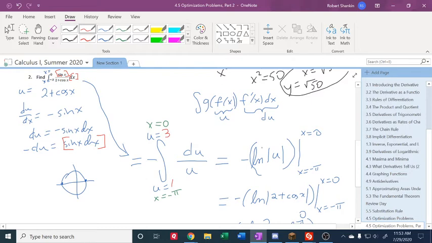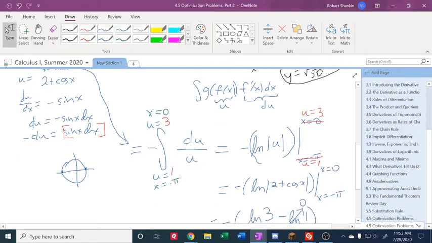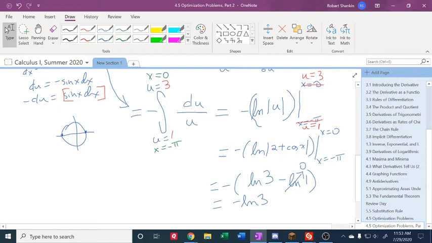If we'd have done it this way, then we'd have had u equal 1 to u equal 3. And then, instead of these extra steps, we'd have gone right to equals negative ln 3 minus ln 1.